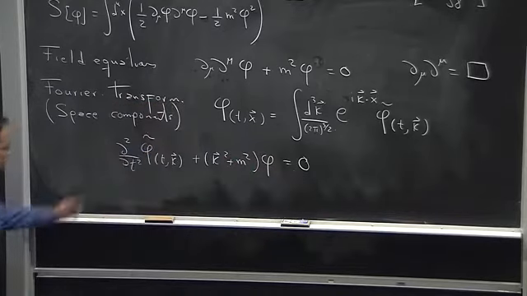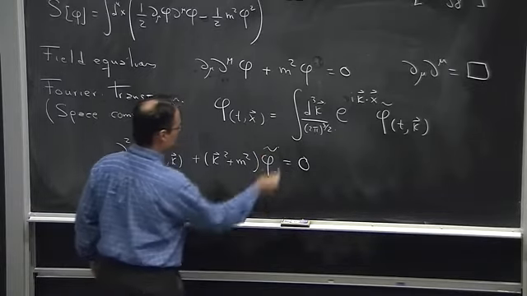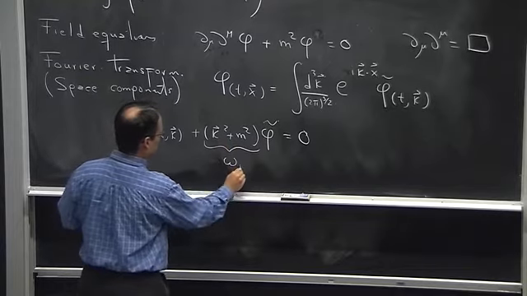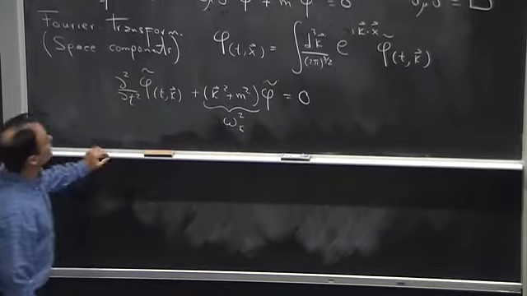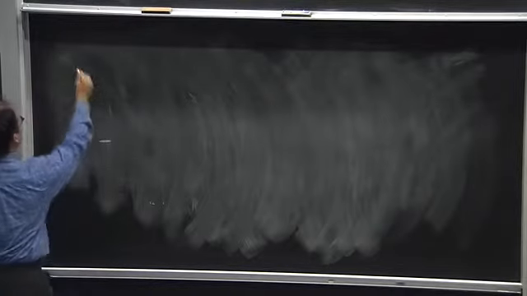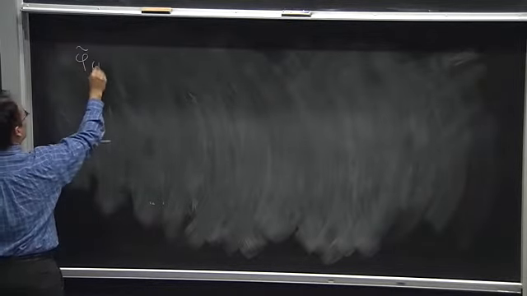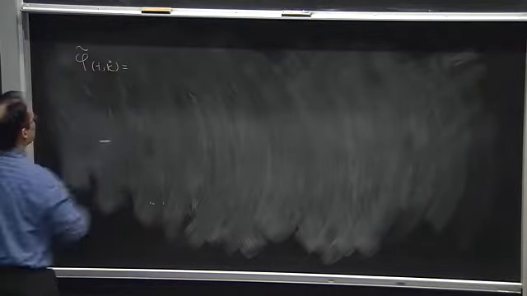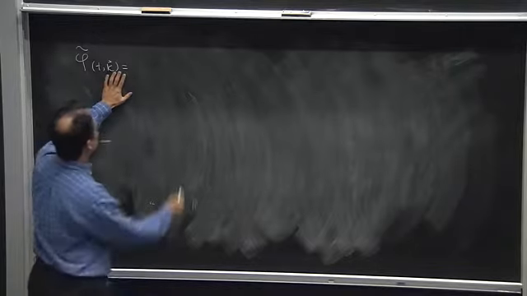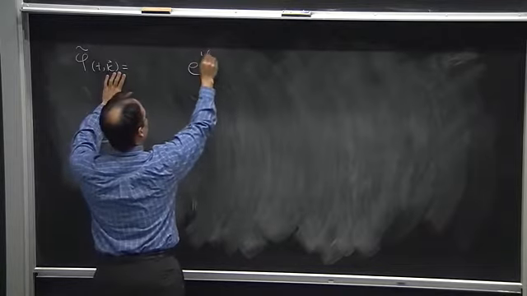And this looks like an equation for a simple harmonic oscillator with frequency squared given by this, so we can call it omega_k squared. So we can write down the solutions. We'll have two solutions.